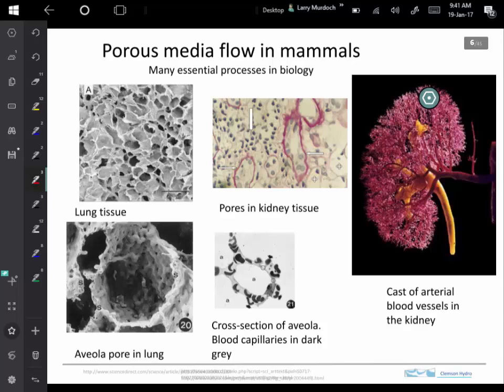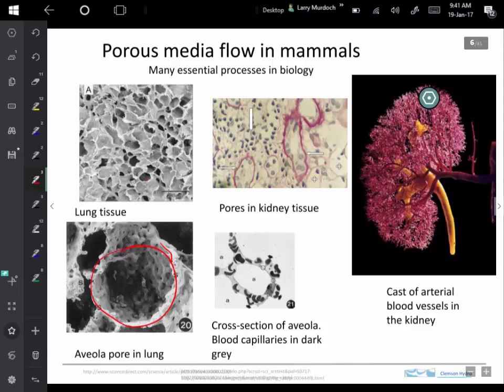So in internal organs, in lungs and kidneys, where you need to exchange, in the case of lungs, oxygen between air and the blood, you have these small pores here in these lung tissues. Here's a zoomed in one. So there's this pore where the air is flowing, and there's blood in the walls here, and the very high volume to surface area ratio is how the exchange of oxygen really can take place.